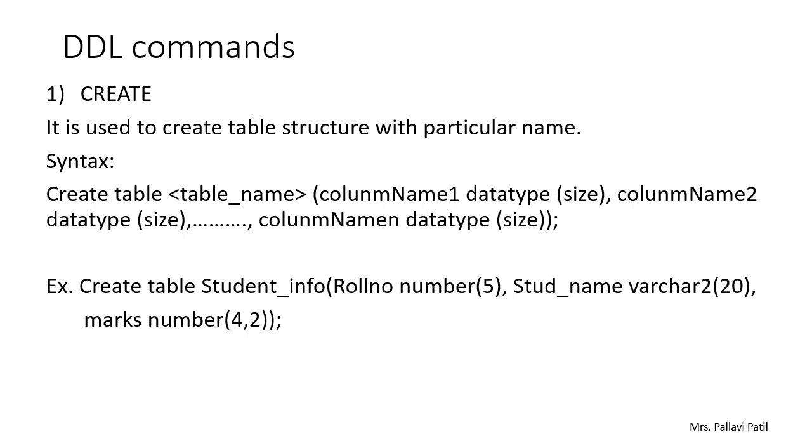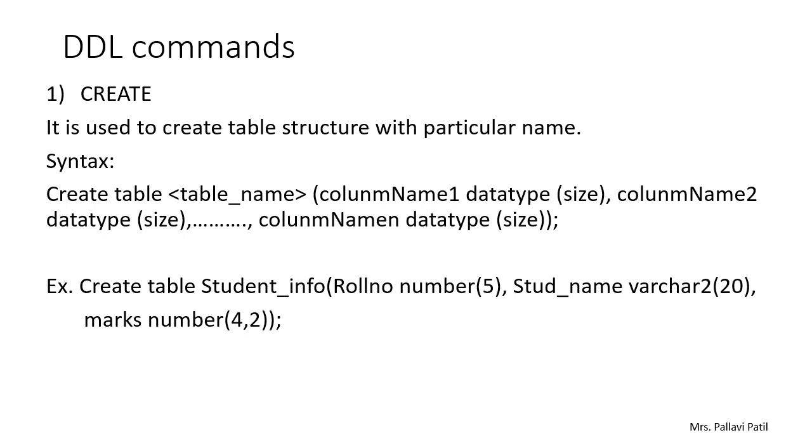For example, suppose we want to create a table which contains student information. The example using this syntax is create table, and the table name is student info. The very first column name is roll number. The data type is number because we are going to store an integer in the roll number, which is why I have used the number data type.